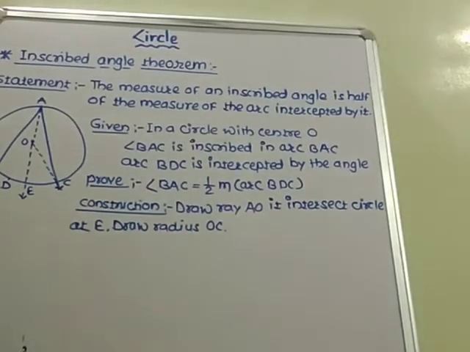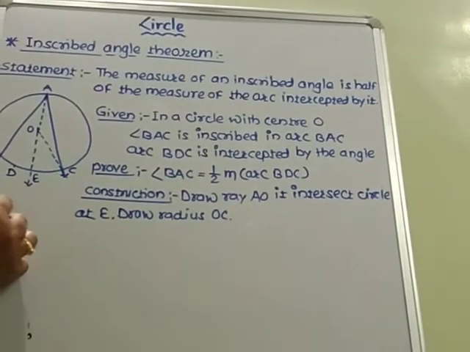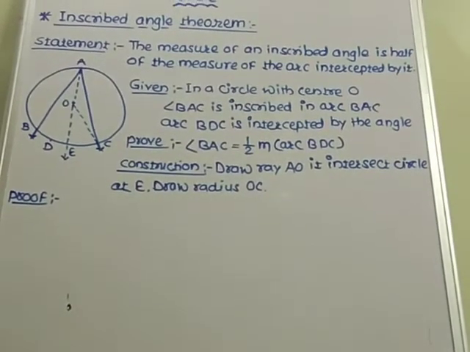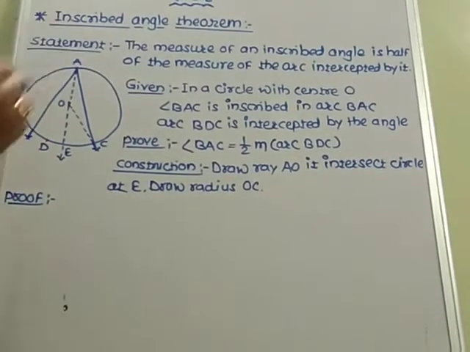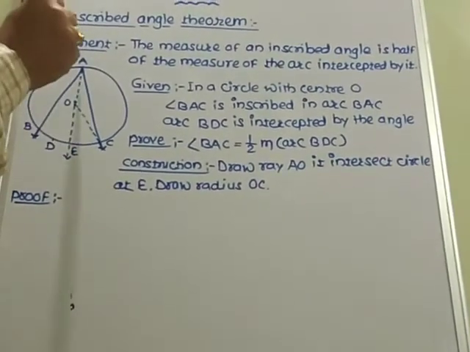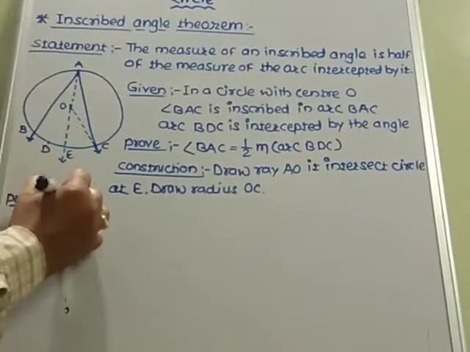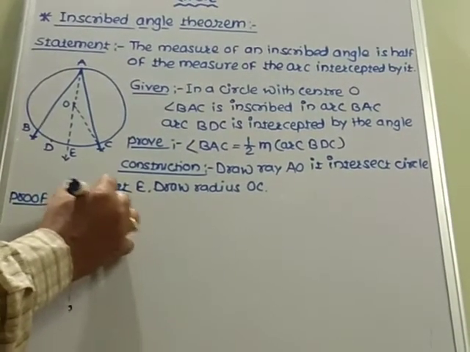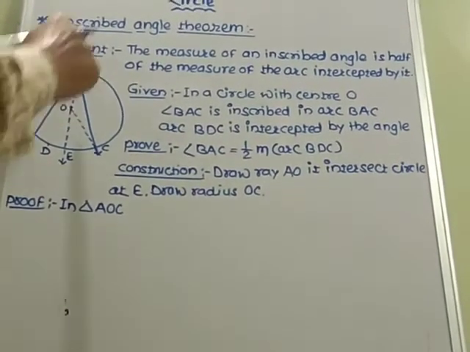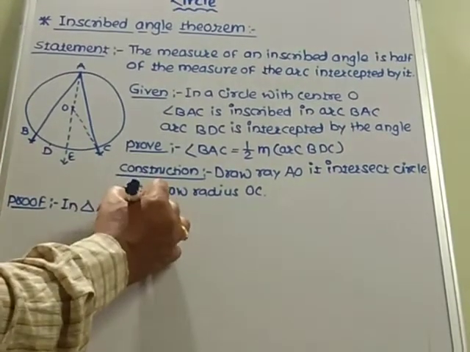Okay, now proof of this. In triangle AOC, now here one triangle is formed, AOC. Look at figure AOC. In triangle AOC, side OA is equal to OC.